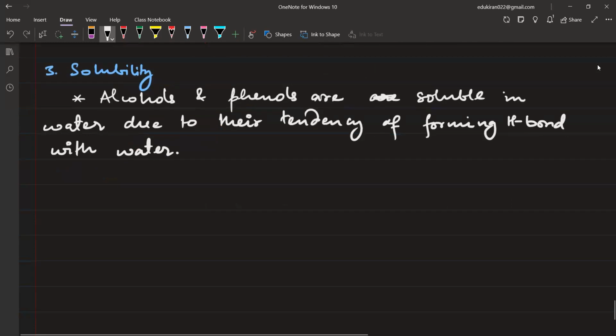Hydrogen bond with water. Please see, we have ROH and we have HOH.